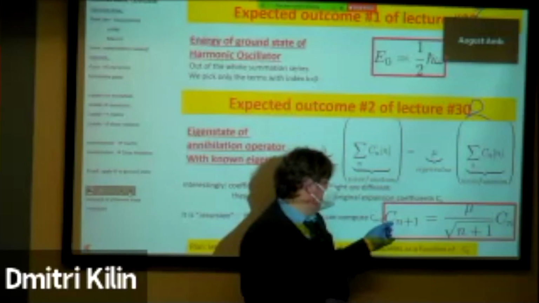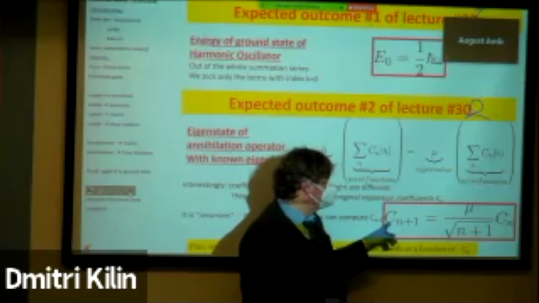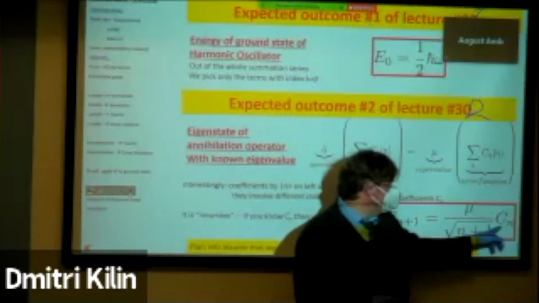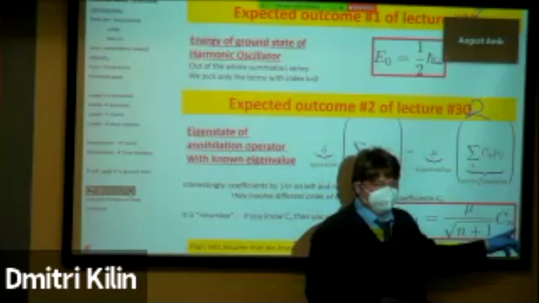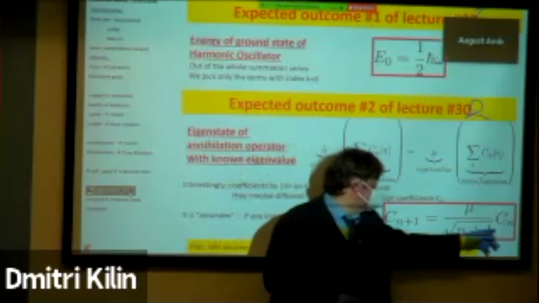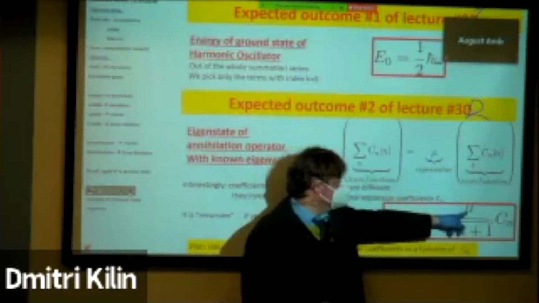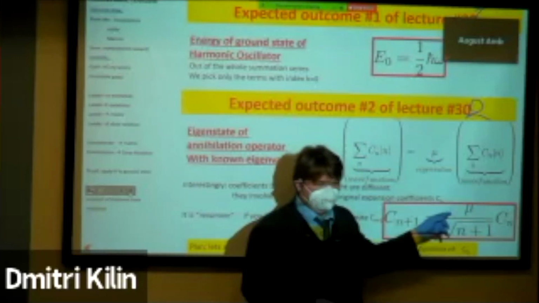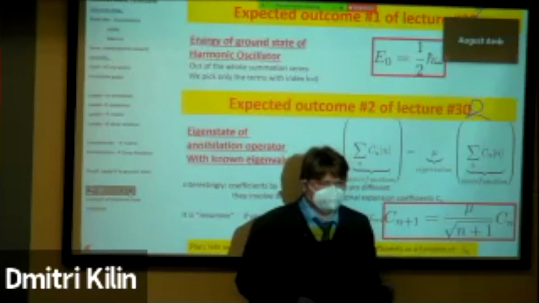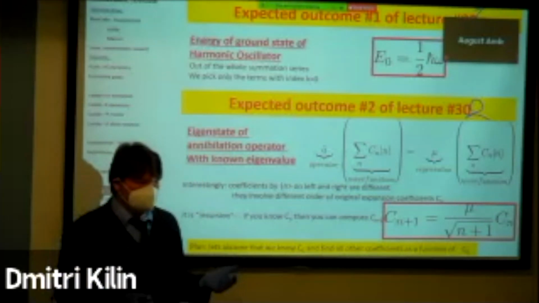So the expansion coefficient of the senior order is depending on the expansion coefficient of the junior order. And upon proving this, we will see that eigenvalue and eigenvectors are connected to each other. And after this point, it will be quite easy to find the overall answer.